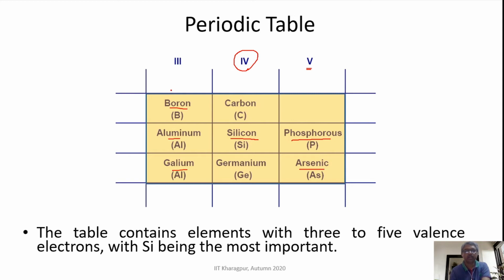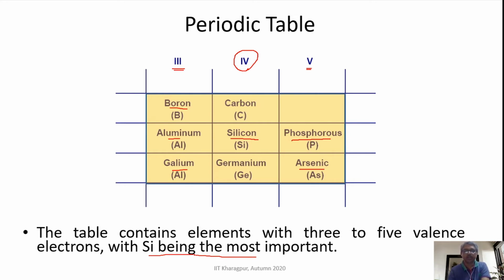Boron and these are sitting in group 3 of the periodic table, as silicon is sitting in the group 4 position. So as I said, it has 4 electrons at the outermost shell.